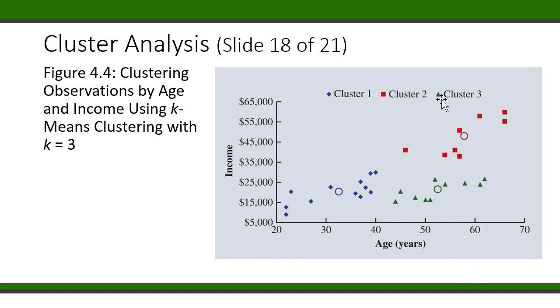I'm looking at the wrong cluster. 2 is this red one. So that's 58 and around 47,000. Then we have cluster 3, and it's even older than the first one, and it has around 53 for an age and an income of around 21,000. So you can get your different groups that way.